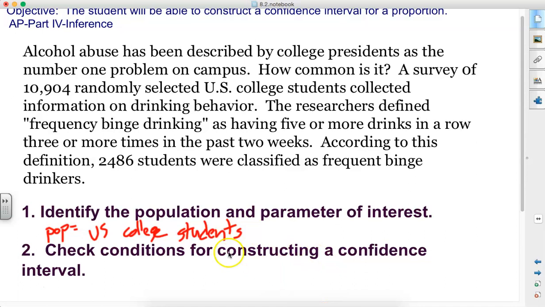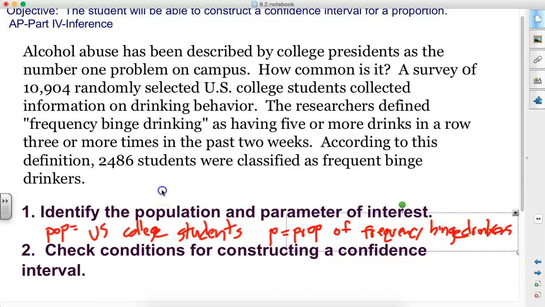And then our parameter, P, for our population proportion, is the proportion of frequent binge drinkers. We're trying to estimate the proportion of frequent binge drinkers.